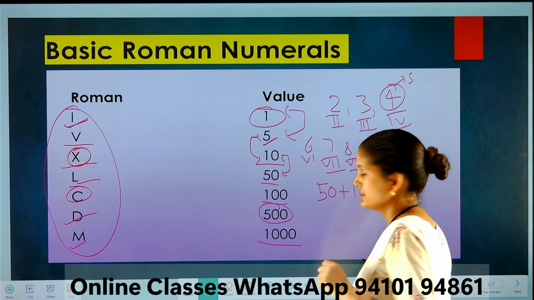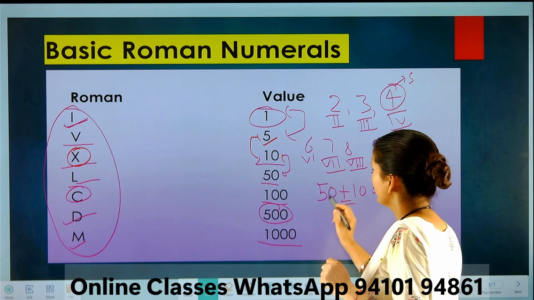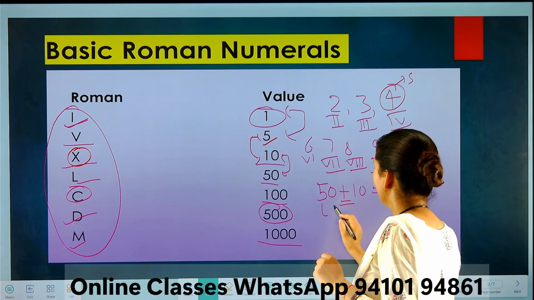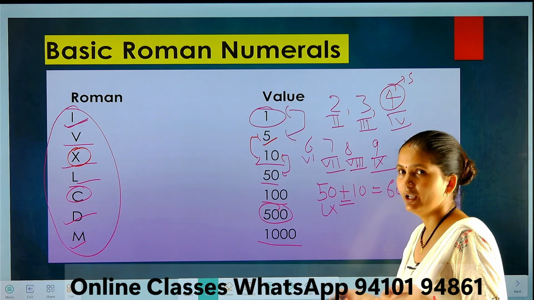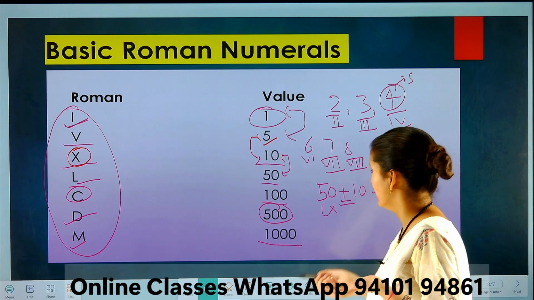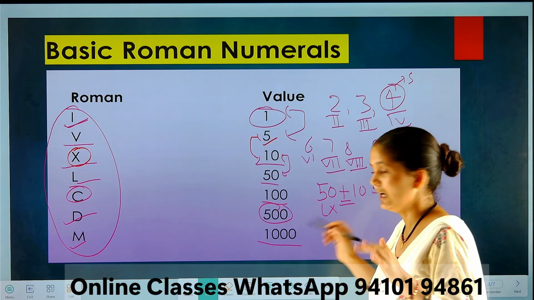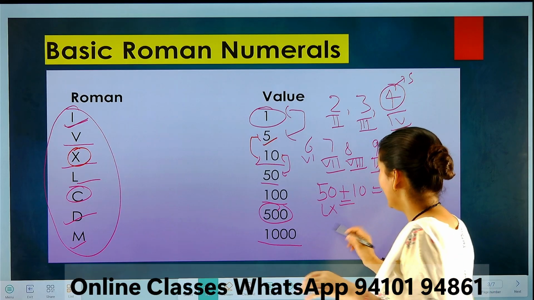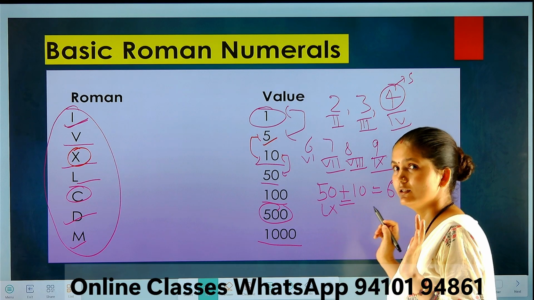So how will we write 60? There is addition, so we write 50, L, then X. Similarly 70 is L double X, and 80 is L triple X.